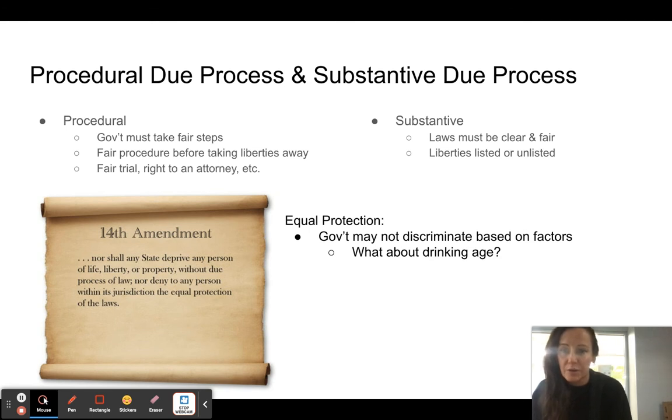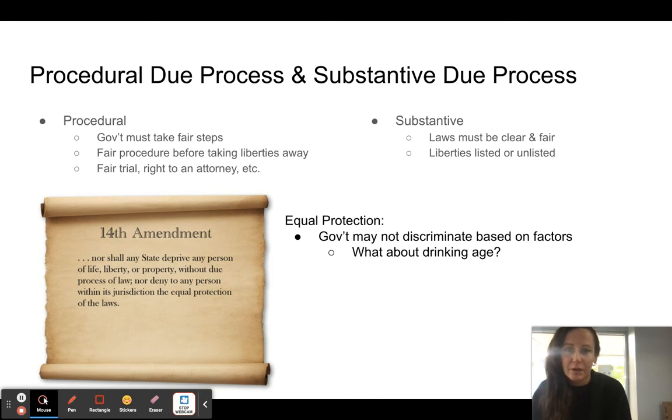All right, so then you see the bottom of the 14th Amendment, it says the jurisdiction, the equal protection of the laws, so that everyone must have equal protection, regardless of what state you're from, your race, your gender. What about things like age?